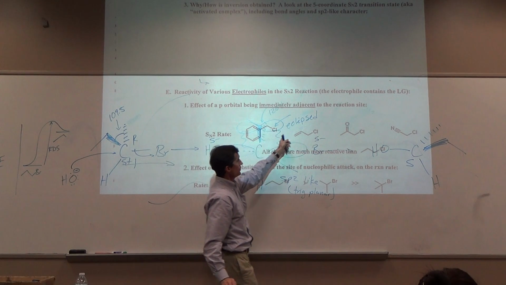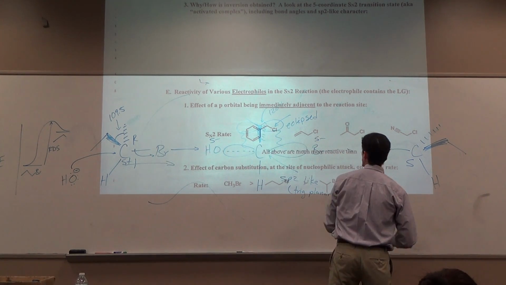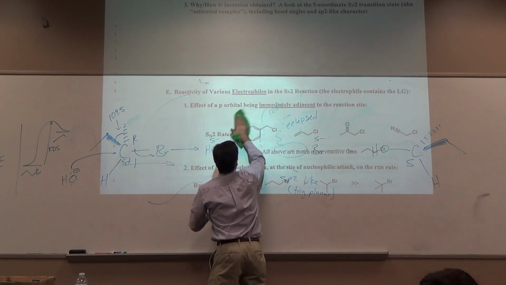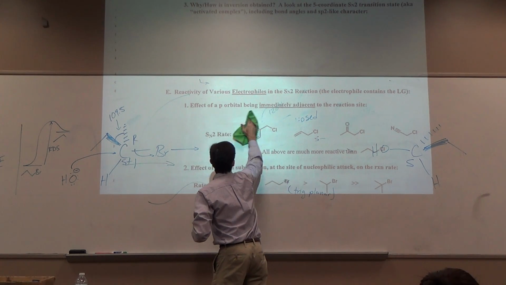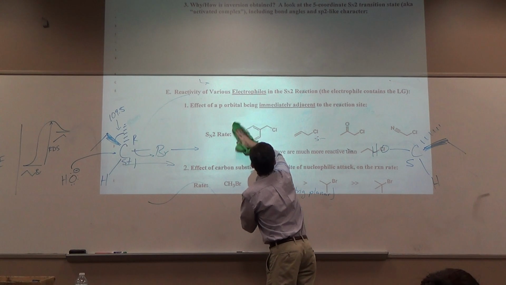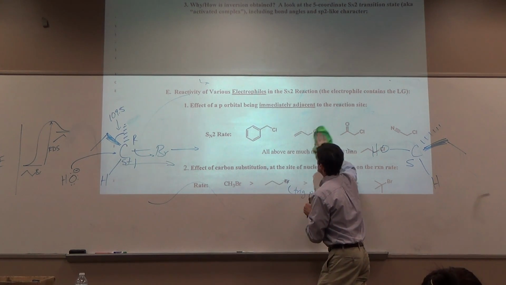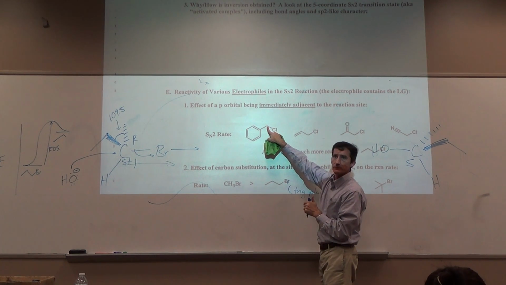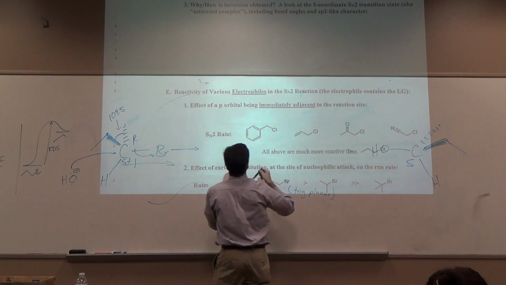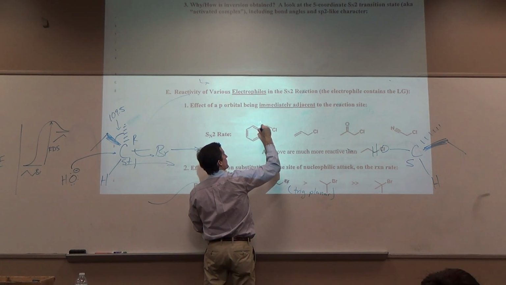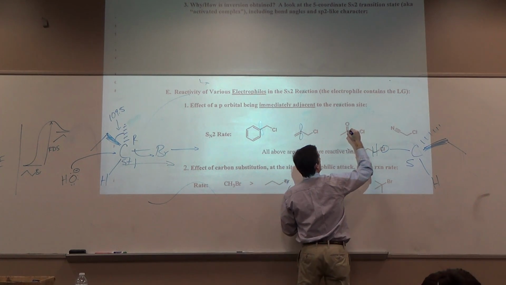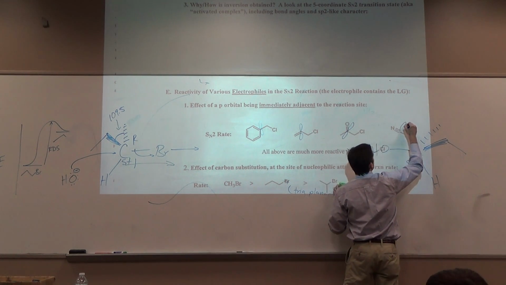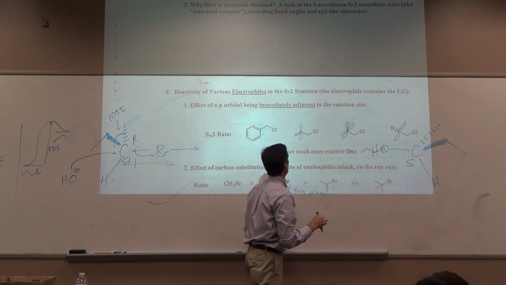All these chlorides are very reactive in SN2. Why? Well, I'd be careful about calling it resonance. That's an sp3 carbon, and it doesn't participate in resonance. But what's next door? It's actually two here.